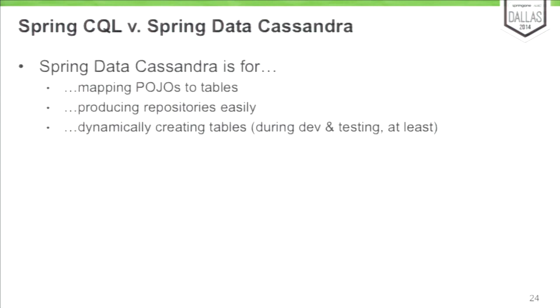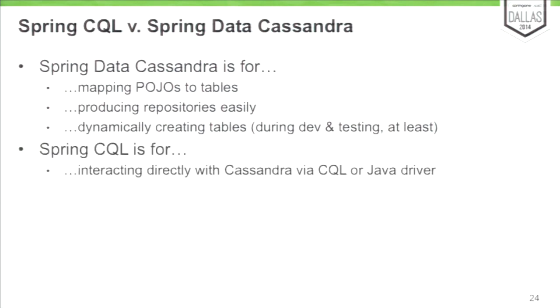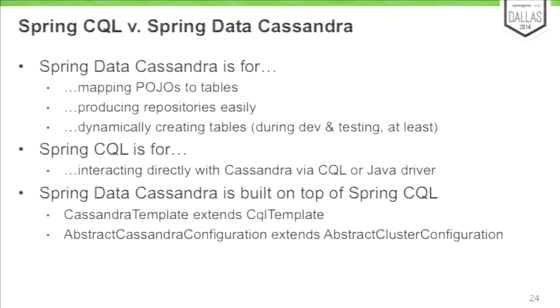Okay? So while Spring Data Cassandra is for mapping POJOs, producing repositories and all that, Spring CQL is actually for directly interacting with Cassandra using the familiar template paradigm. Okay? And by the way, Spring Data Cassandra is very much built on top of Spring CQL.